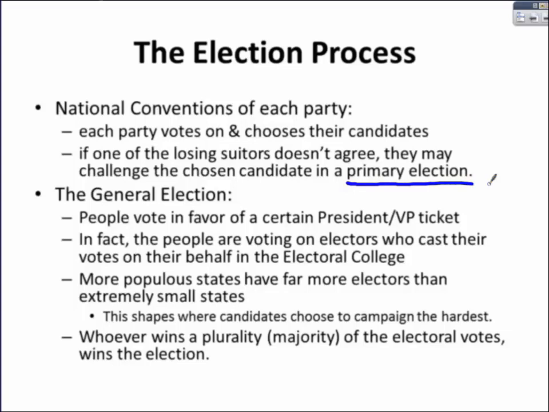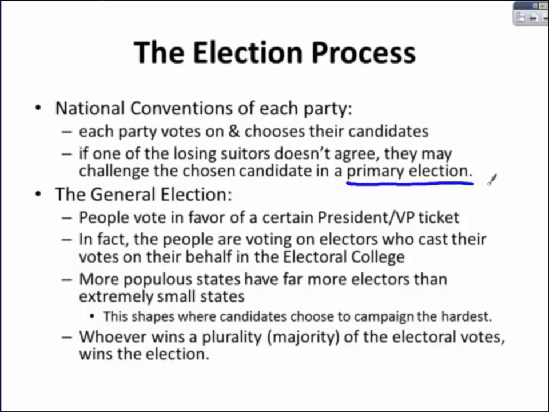The Electoral College is a very complicated system, but the number of electors from each state is really based on population. So the way they do it is they take the number of people representing you in the House of Representatives plus your 2 senators, and that is your total value in the Electoral College. Very rarely would an elector place their vote against the wishes of the public in the election.